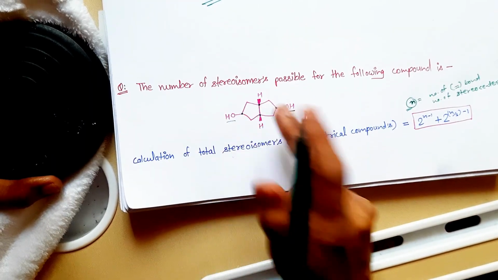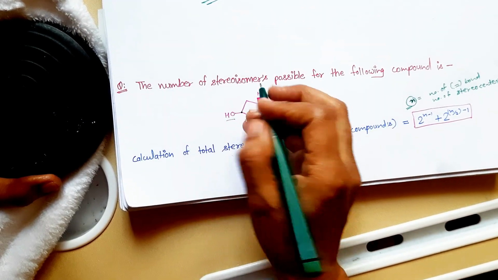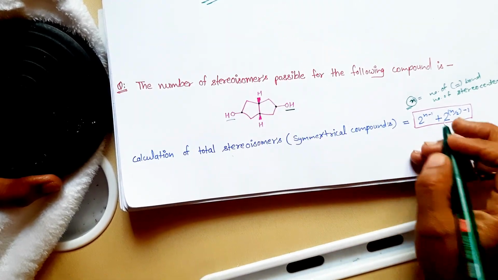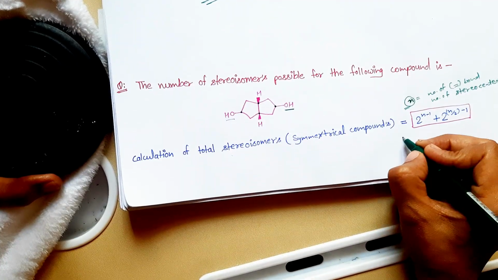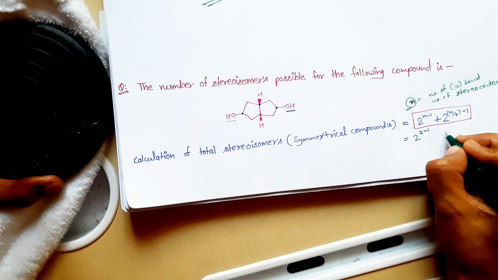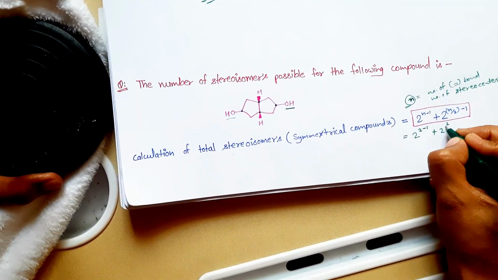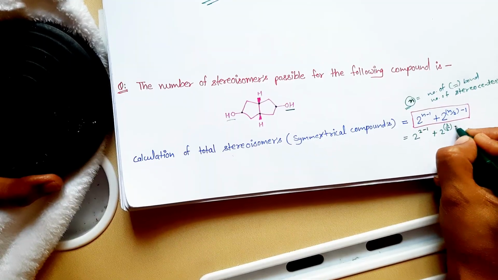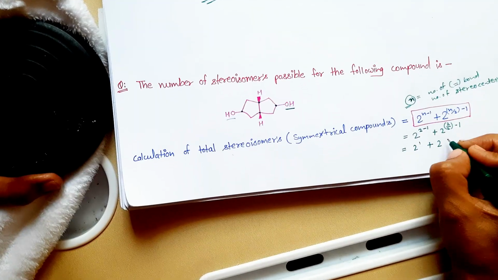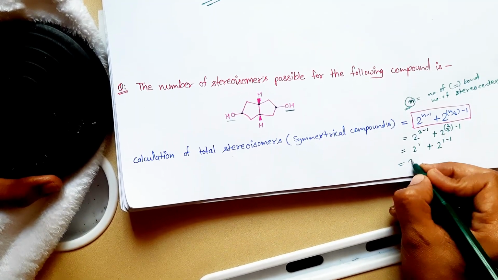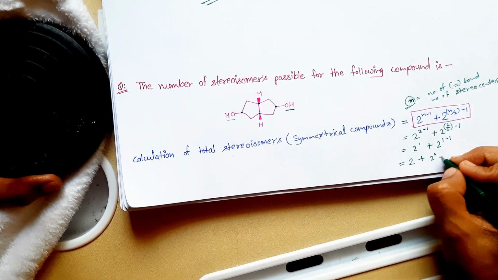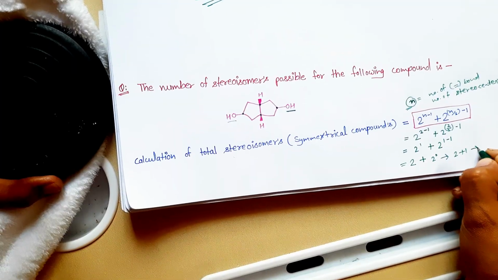So in our compound they give two stereo centers, this carbon and this carbon. When we apply this formula for this compound, we get 2 power (2 minus 1) plus 2 power (2 by 2 minus 1), so we get 2 plus 1.